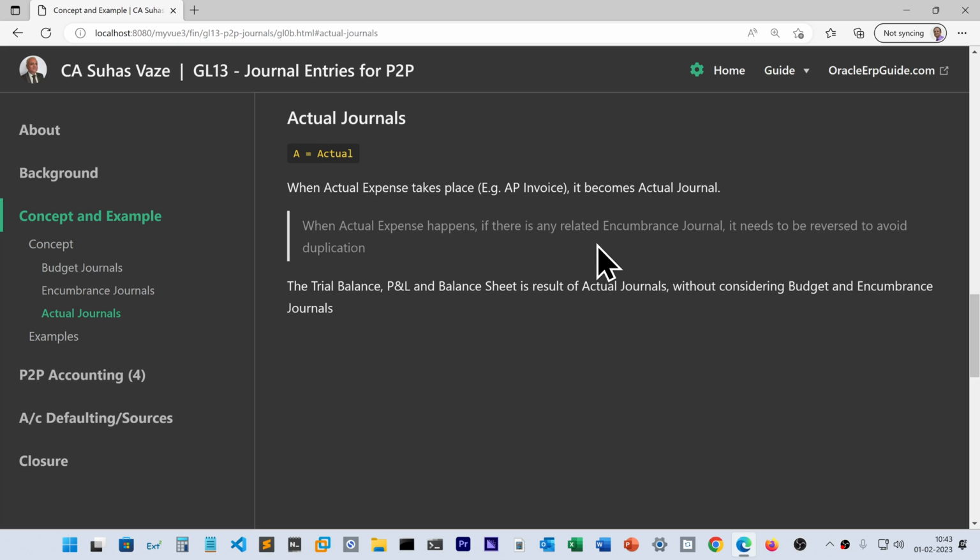So if there is any related encumbrance, that needs to be reversed to avoid duplication. And the trial balance, the profit and loss account, balance sheet, all those final accounts that we publish, they are all the result of actual journals without considering the budget and encumbrance journals.